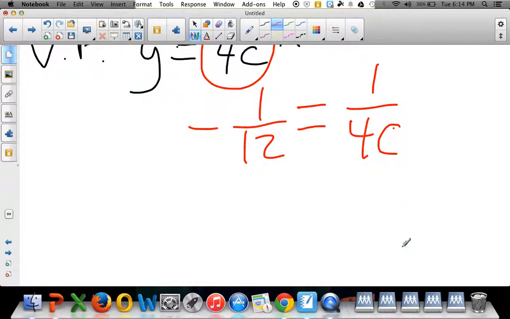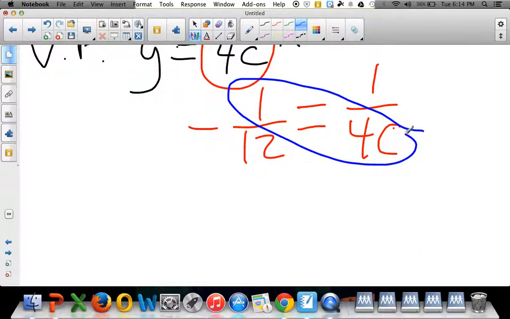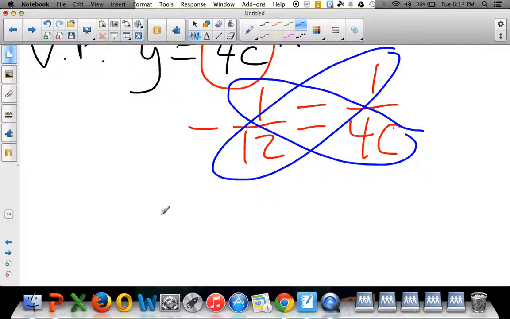I have two fractions set equal to each other, so I'm going to cross multiply. Don't forget your negative on the outside. So I'm going to have negative 4c equal to 12.